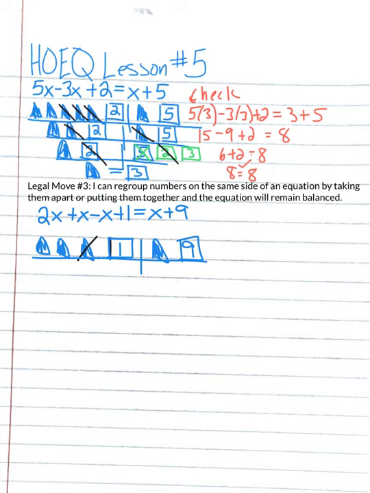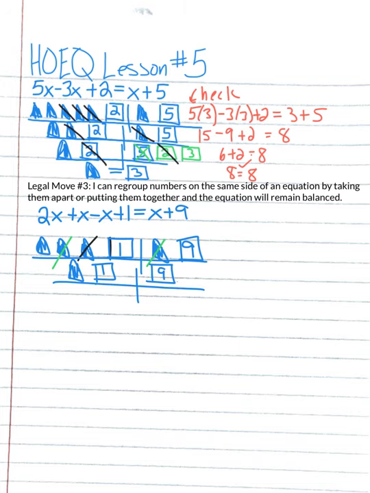If you wanted to at this point, we could rebalance. So I'm going to use a different color. I still have 1 triangle I could take away from both sides. So now I am left with a triangle and 1 balanced with the 9.